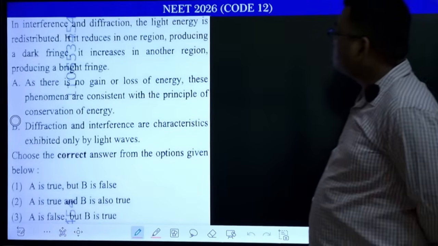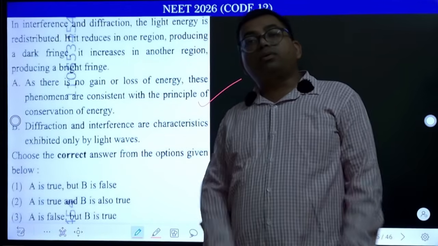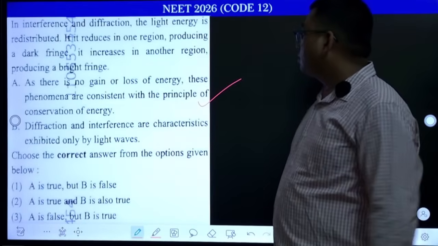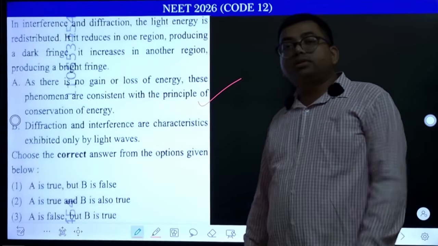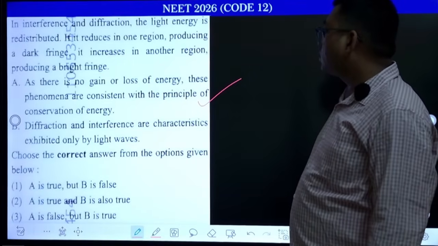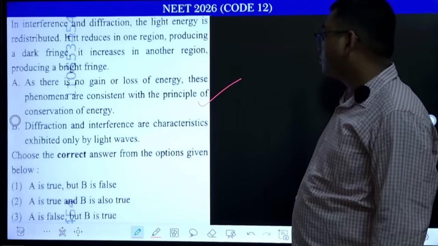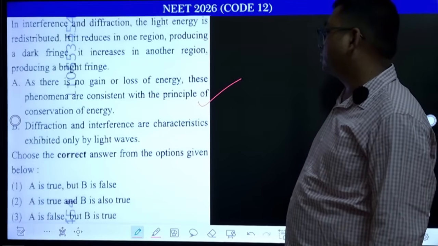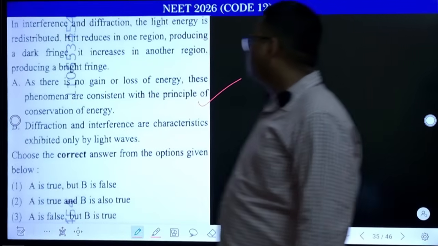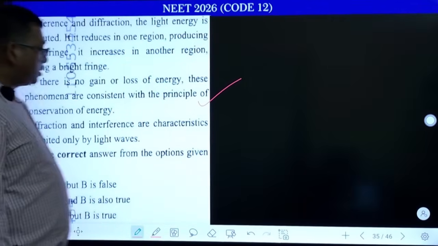As there are two statements given, the first is definitely correct because energy conservation is there. The second one, no, it is for any waves, not only light. Even sound also has it. So definitely the second statement is not correct. First, A, is correct. A is true, but B is false. Let us move to the next.